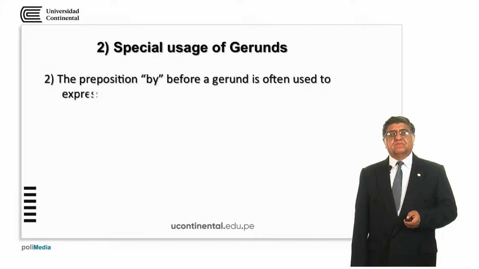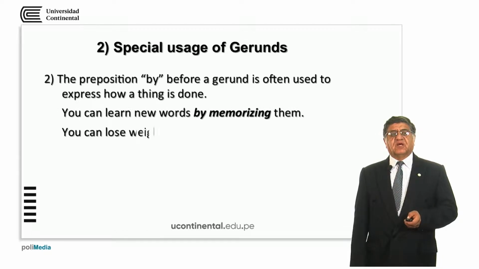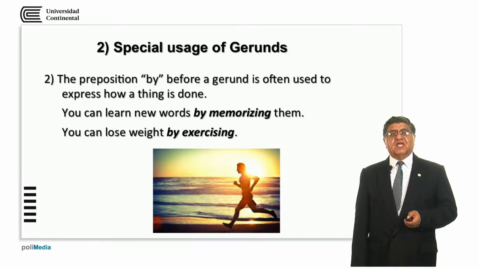Some other special usages for gerunds is by including the preposition by. And this will give a sense of the way something is done. For example, you can learn new words by memorizing them.